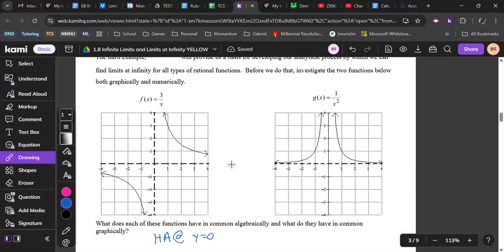And they both have a vertical asymptote at 0. This one's not drawn on there, but we know it has one, because if I plug in 0, 1 divided by 0 doesn't work, right? So they both have those asymptotes, okay?